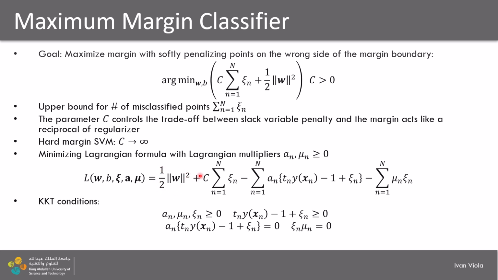Then we have our other term, which characterizes the upper bound of the number of misclassified points, which is controlled by the C. Then we have our sum, which characterizes the classification formula, which should be bigger or equal to 1 minus psi n.